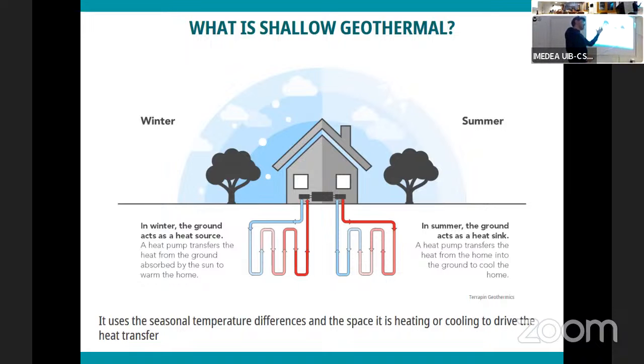We inject it in these pipes, and through these pipes it heats this liquid, and then we use this heat to condition the building. In summer, it is the opposite scenario. We use the heat of the summer to cool this liquid and condition the building.